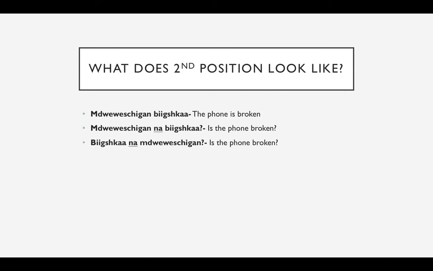We can also say bikshka na ndwewes, so that they both mean the same thing, is the phone broken, but notice how our verb, bikshka, has changed from being the last word to the first word in our question, and same thing with ndwewes. So this is what we mean by the word order kind of doesn't matter sometimes, but in some cases it does with na, meaning that it's best suited for second position.